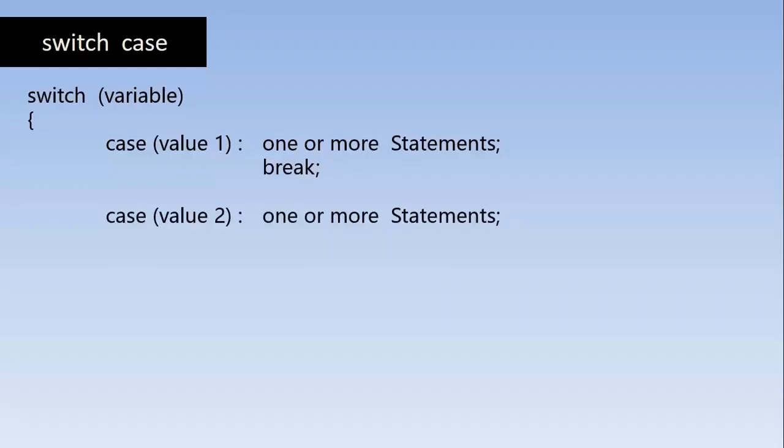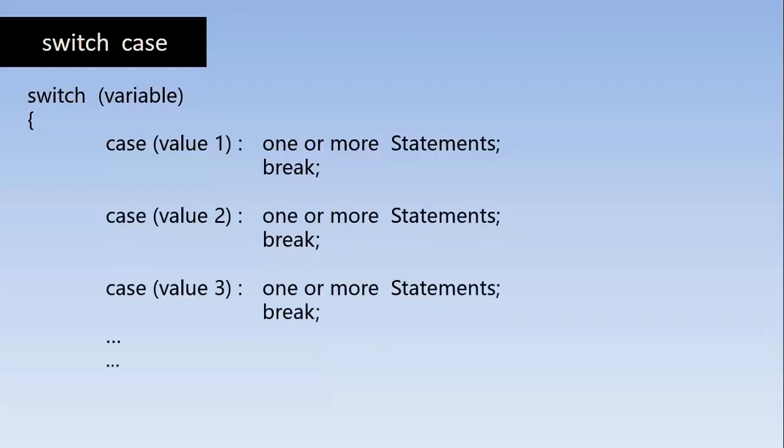The same thing happens here. If the variable is the same as value 2, then the statements given here are executed, and when the control encounters the break statement, it skips all the other statements and comes out of the switch structure. If the match is not found, it goes and finds a match in the next case value.